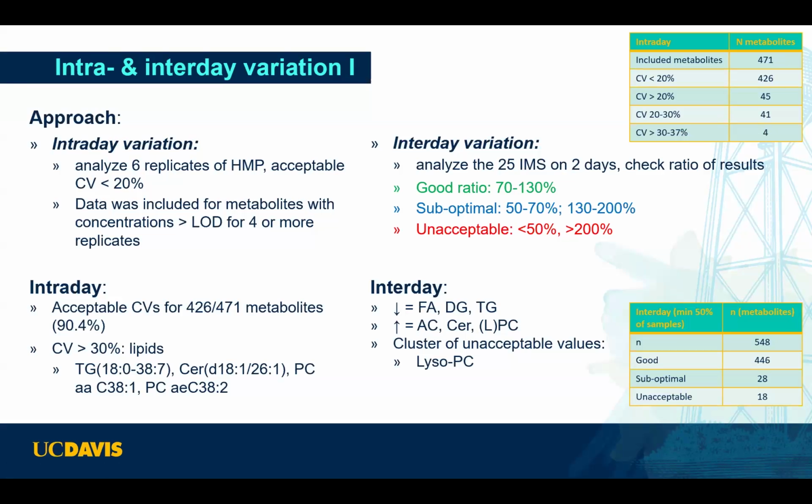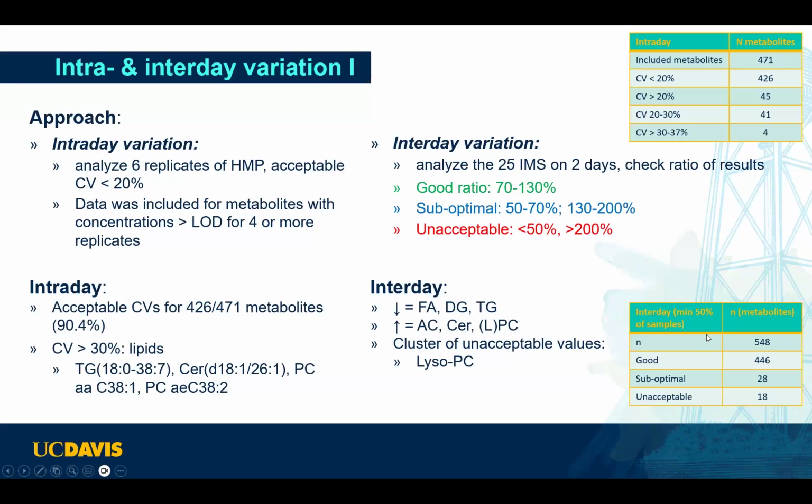For interday variation, we used the 25 individual milk samples from the Brazilian mothers, and they were analyzed on 2 different days, and we checked the ratio of the results. Cutoffs were chosen as follows: we have a good ratio if we have 70 to 130%. Suboptimal and unacceptable ratios are given here as well.